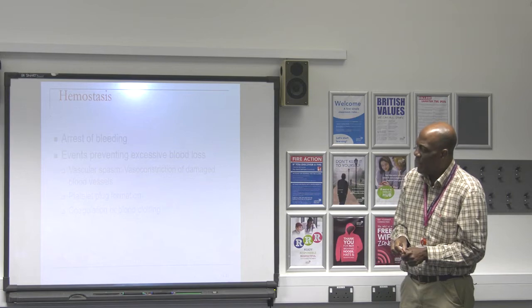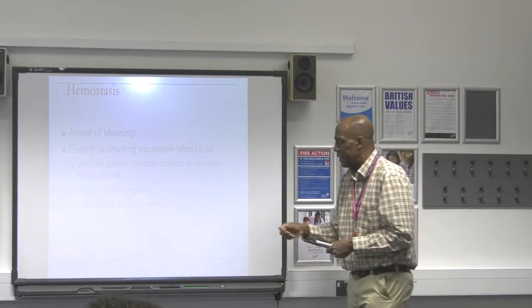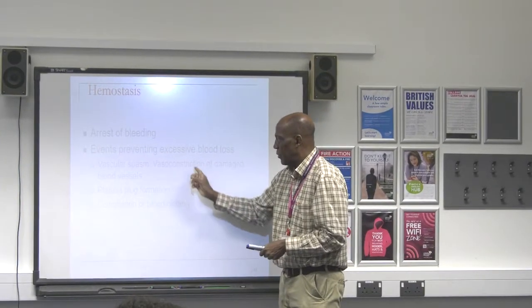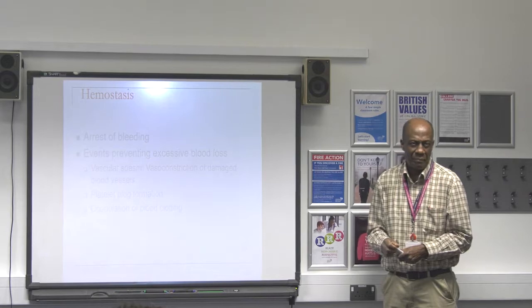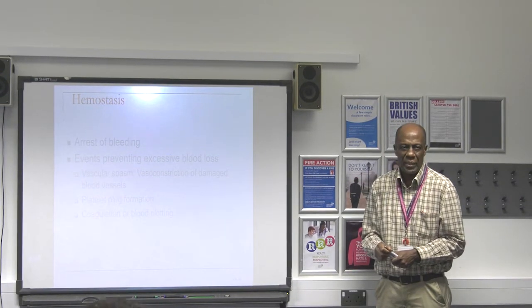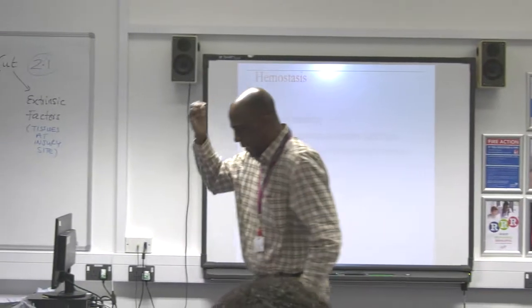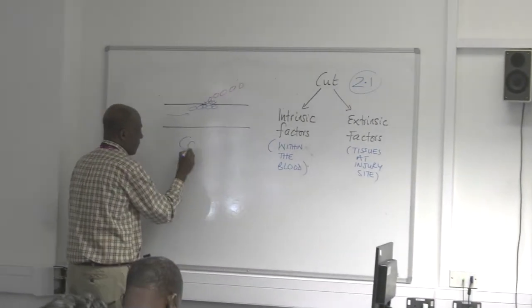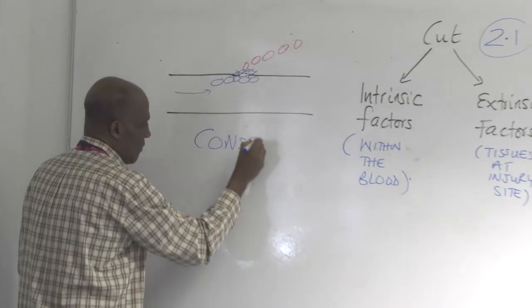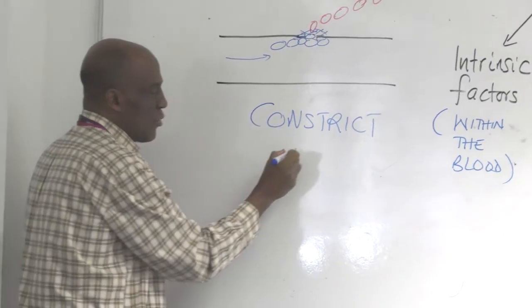But there's something very, very interesting when you are reading your textbook. The vasoconstriction comes in again. Very, very important. When we use the word constrict, constrict means to make narrow.